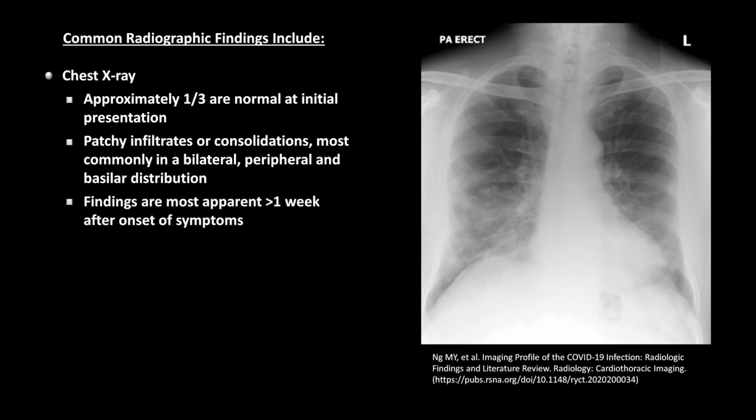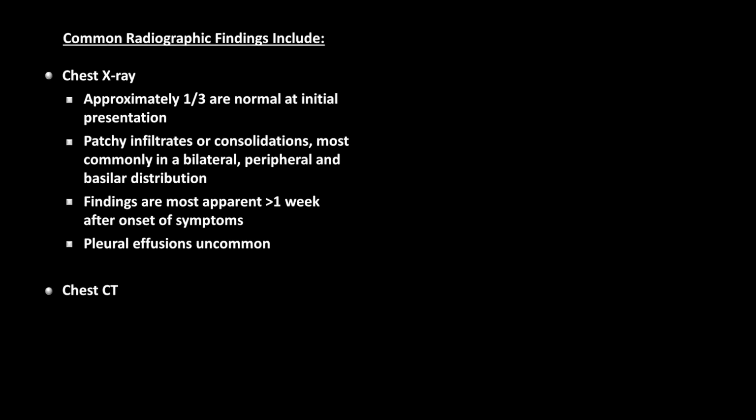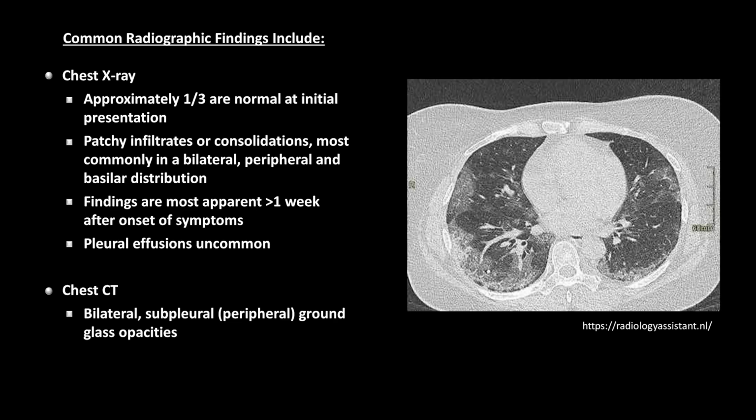These findings and this pattern become most apparent at least 1 week after the onset of symptoms. Pleural effusions are uncommon. On chest CT, most patients have bilateral subpleural ground glass opacities, and as with plain chest films, consolidations can be seen, particularly late in the illness.